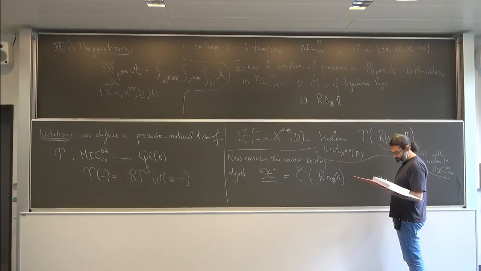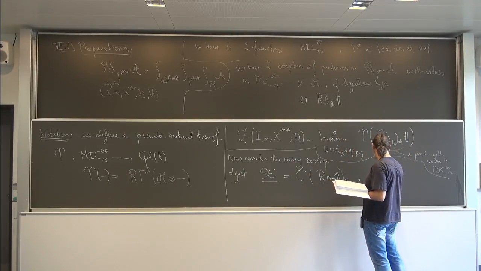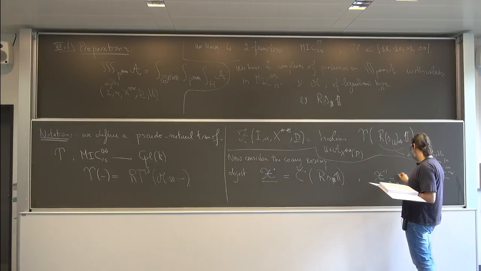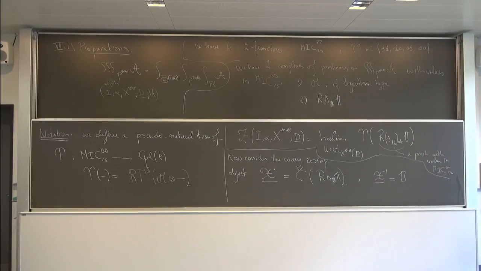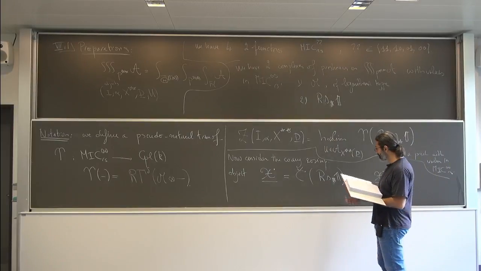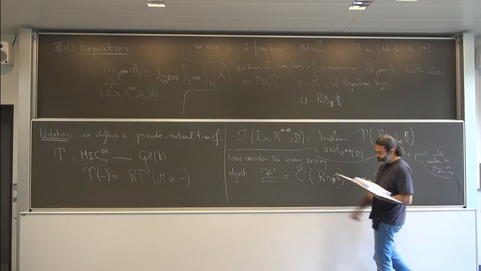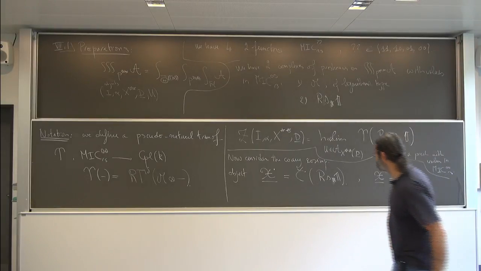Okay, and this is augmented. So let me tell you how it's augmented. So the x minus 1 is just the unit. Okay, so in degree n, this is just the tensor product n plus 1 times of this object.